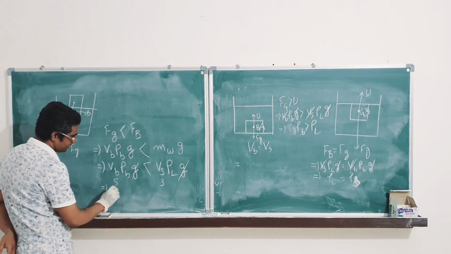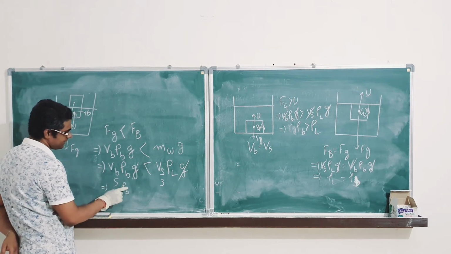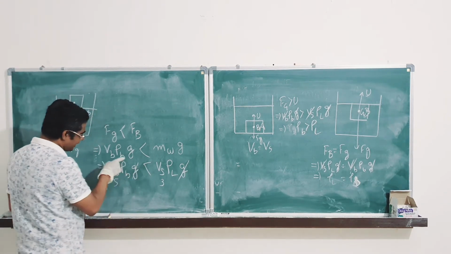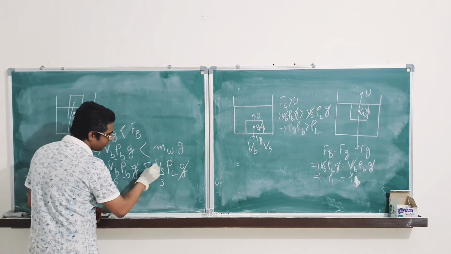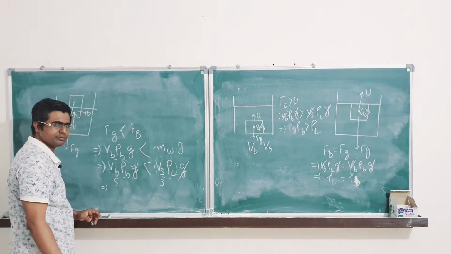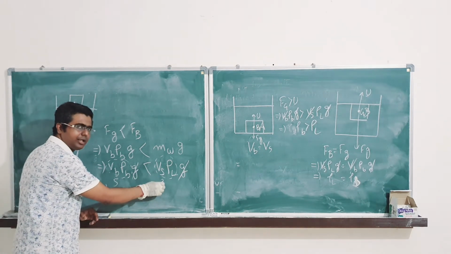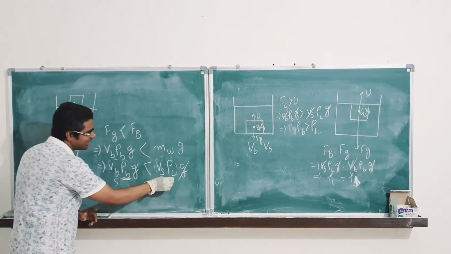Now if I take rho b, so the total value of this is less than the total value of this, clear. But we know the volume of the body is more than the volume of the submerged part, so definitely this has to be much lesser than this.